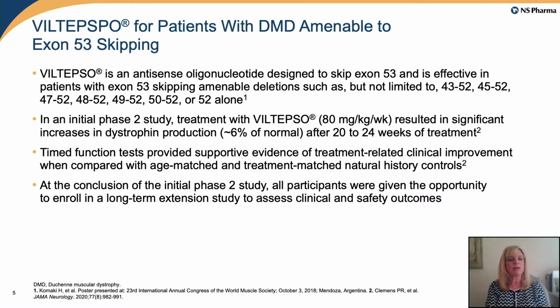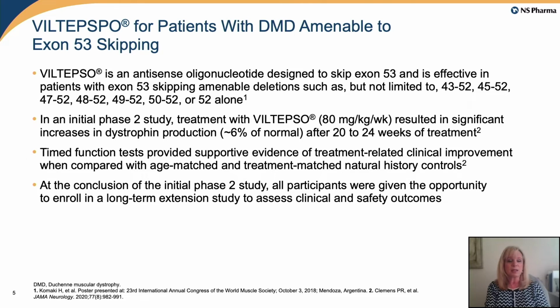So just a bit more about Viltepso. It's an antisense oligonucleotide, which we heard about earlier in this call, and it's designed to skip exon 53. So therefore, it is effective in patients who are exon 53 skipping amenable, who have deletions that you can see listed here: 43 to 52, 45 to 52, even 52 alone can be treated with Viltepso.